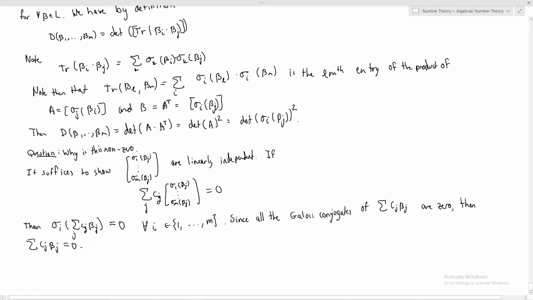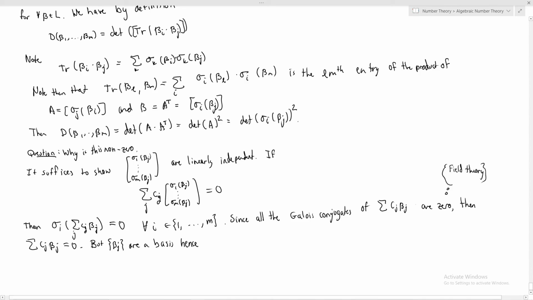But these guys are a basis. So I guess in here there's some field theory going on, and if you're questionable of this claim, I would look in Milne's notes.